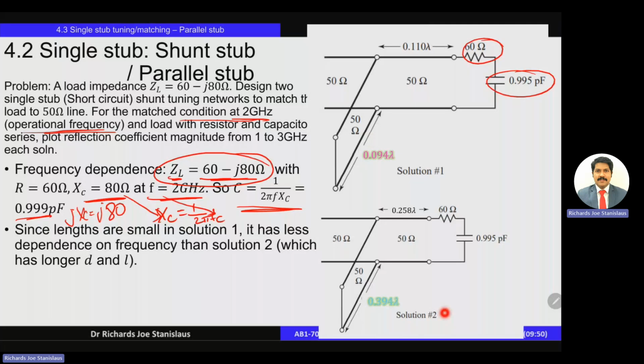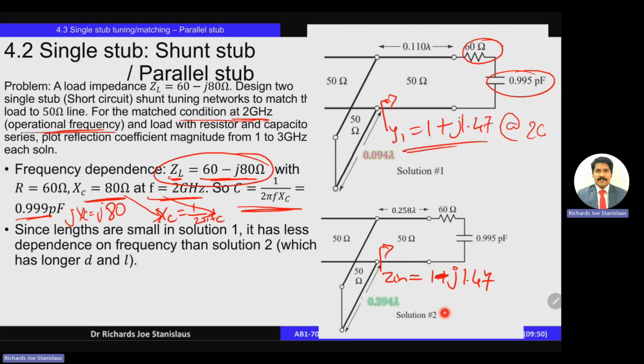Now, as a frequency response, we see how this would create an input impedance at different frequencies, right? Previously, Y1 and Y2 were 1 plus j1.47 and 1 minus j1.47, and this was at 2 gigahertz. At different frequencies, Yin would change.